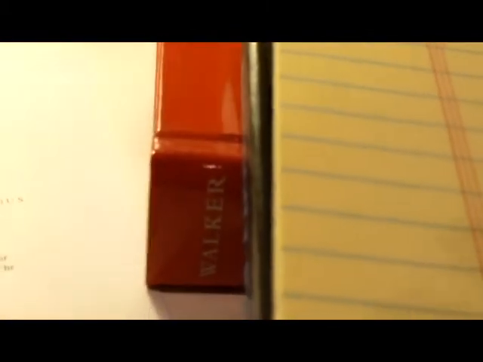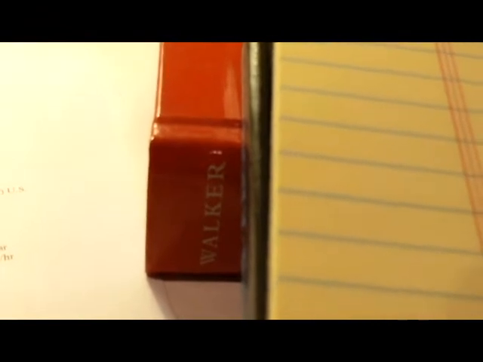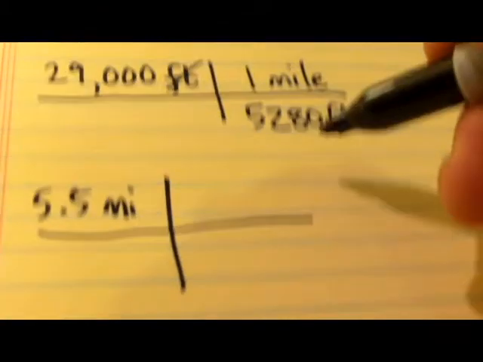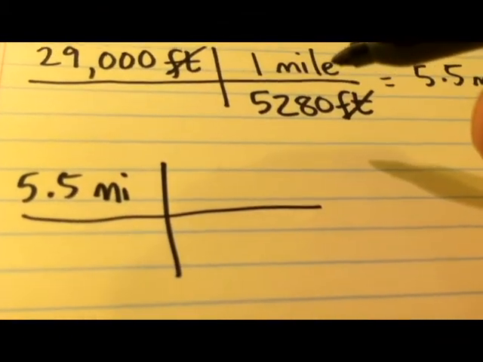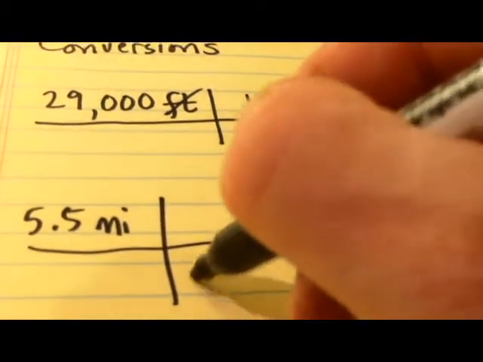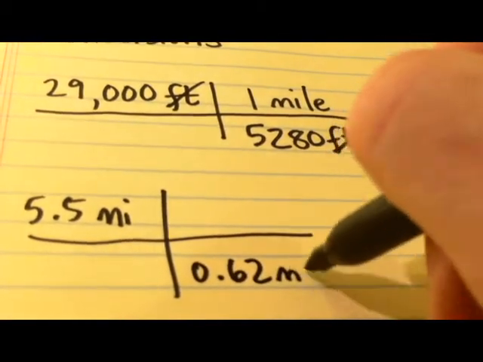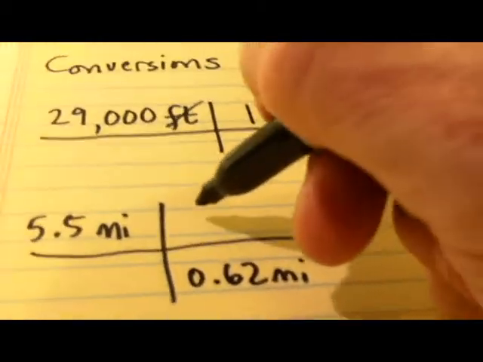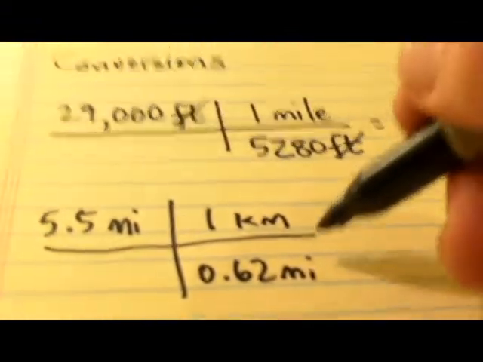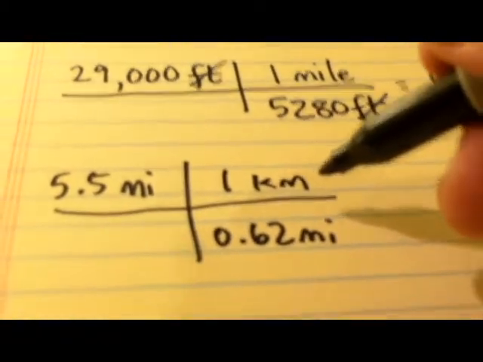So we take our 5.5 miles, again using fence and rail, and we want the 0.62 miles in the denominator, equivalent to 1 kilometer. Again, you can use symbols here, but make sure to include your units.